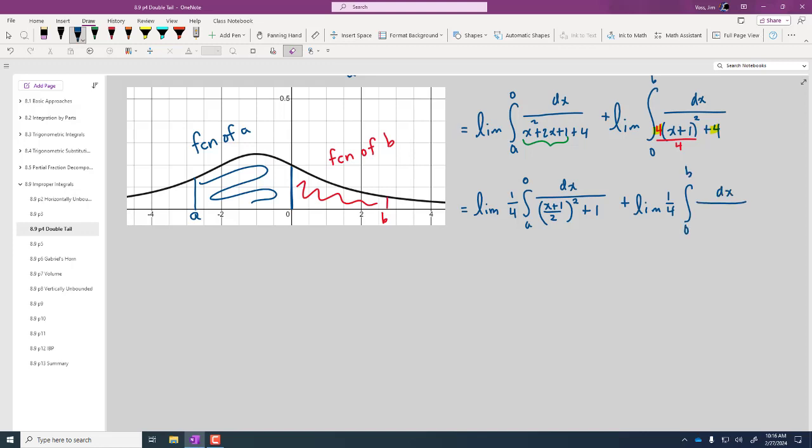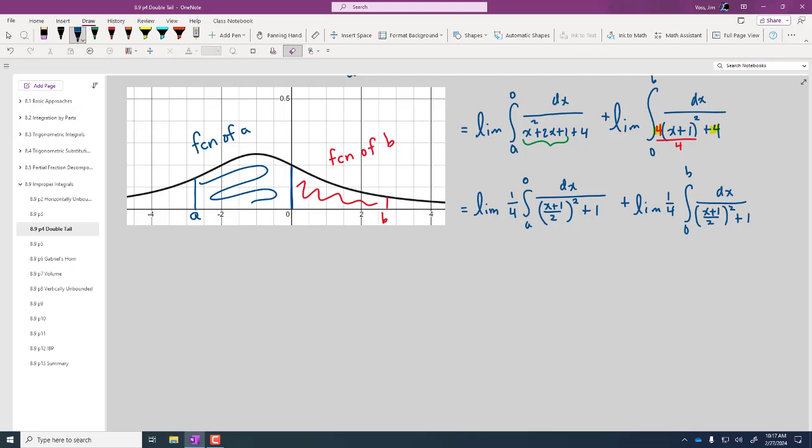Both integrands are identical. And that integrates to arctangent. Sum of squares with a 1, we get arctan.